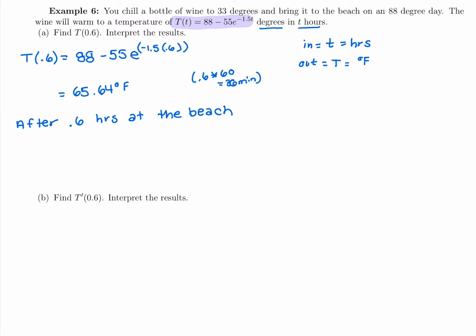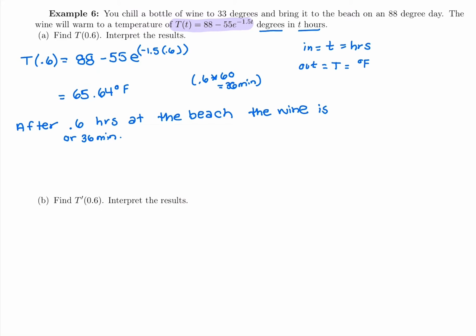So however you want to say it, 0.6 hours or 36 minutes at the beach, the wine is 65.64 degrees Fahrenheit. No longer a very cool bottle of wine. It was 33 degrees, and about a half hour in, 36 minutes in, or 0.6 hours in at the beach, the wine is 65.64 degrees Fahrenheit.